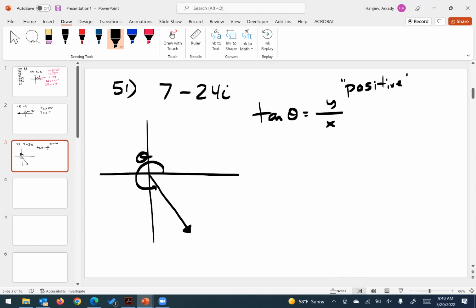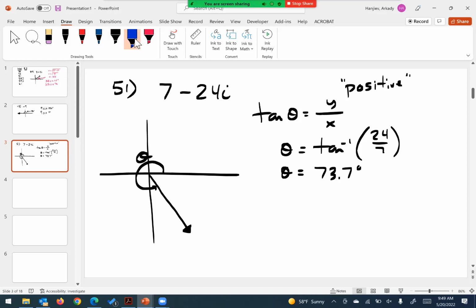Why do we want to keep it positive? Because it gives us the reference angle in quadrant 1. So theta is tangent inverse of 24/7. Can anybody give me that? 73.739, so 73.74.